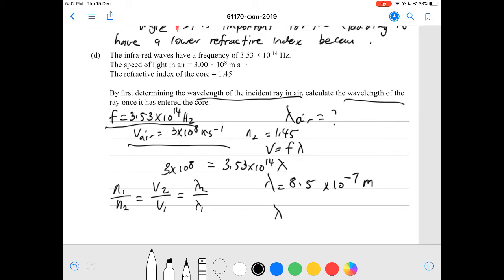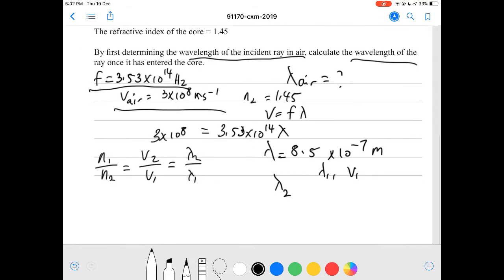So we want to find our wavelength 2. We have our wavelength 1 and we have our speed 1. So speed in air we have. So we need to try to work out our wavelength, speed.